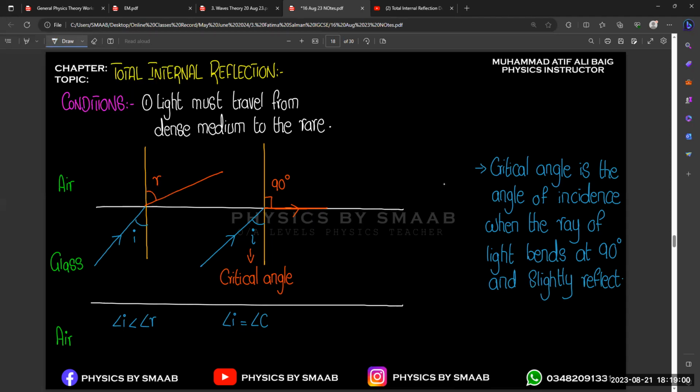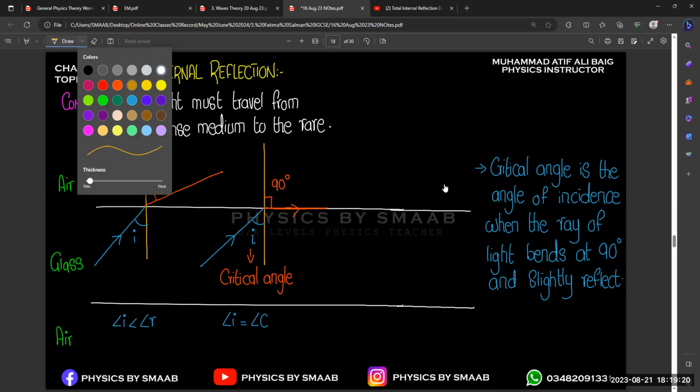And if we consider the third situation, let's suppose we further increase the angle of incidence. So the third situation will be like this.